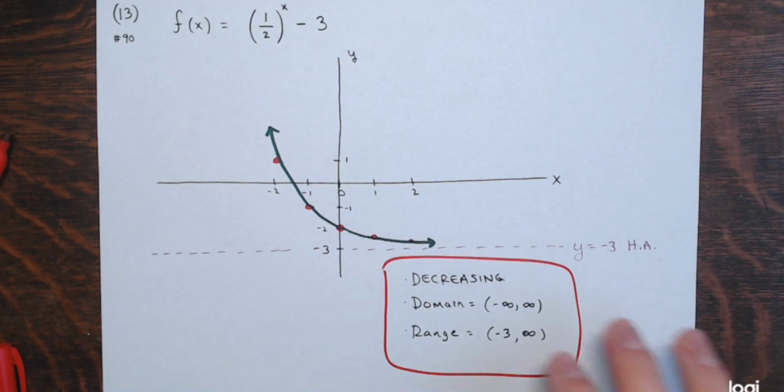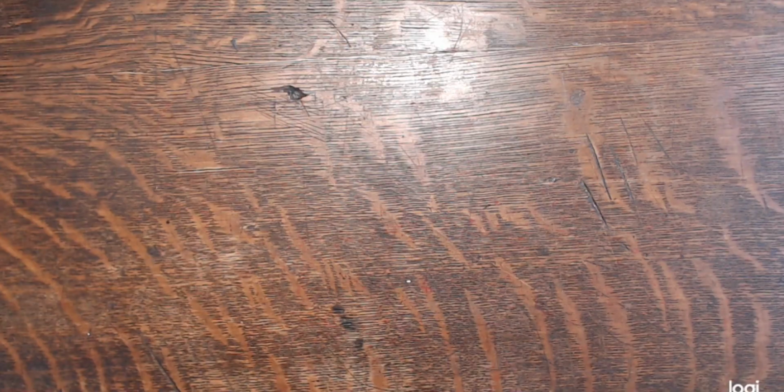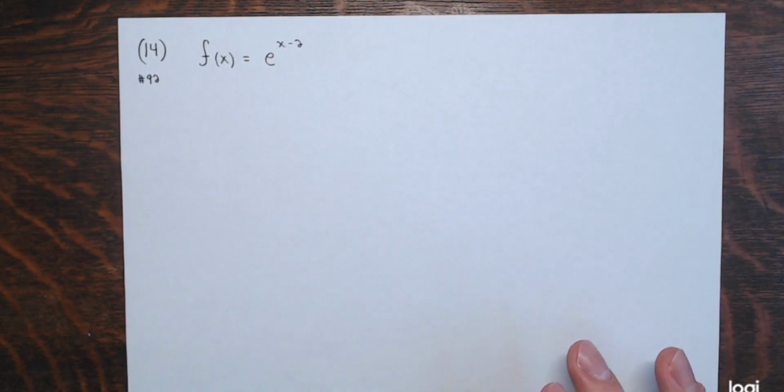Okay, great. All right, now the next question introduces you to a number that you may or may not have seen before. I mean, obviously, if you've seen it before, it's not an introduction. The number e.